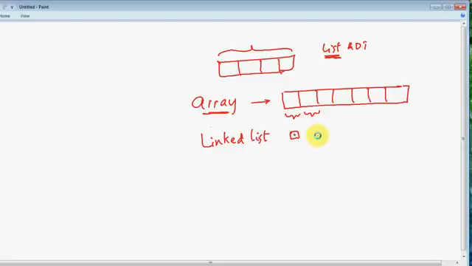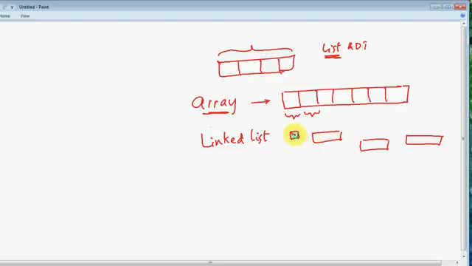So if this is an element and then this is an element, they are not consecutive in the memory. They are not back to back. These could be integers, if we are talking about a list of integers. If we are talking about a list of names, then each one of them is a string, and so on.